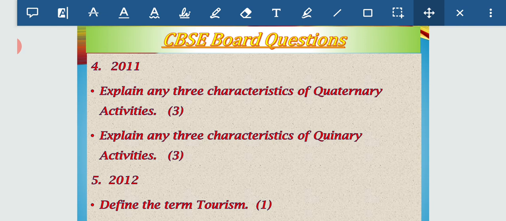Now, explain any three characteristics of the quaternary activities. The quaternary people are considered as gold collar workers. They are at the highest level of technical skills, and the entire world follows the policies made by the quaternary people.